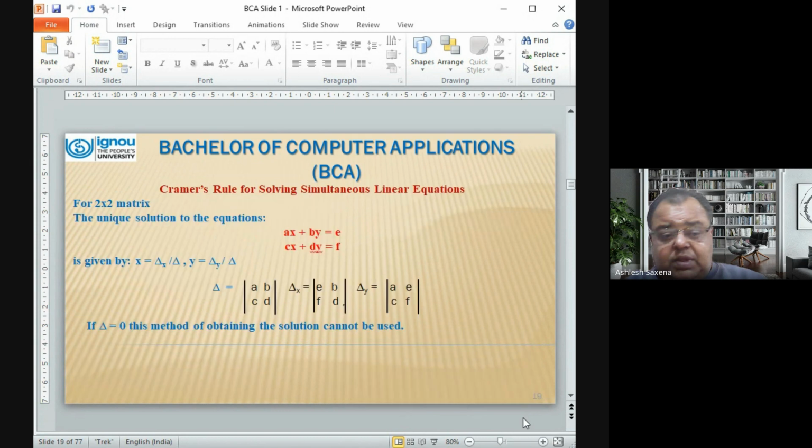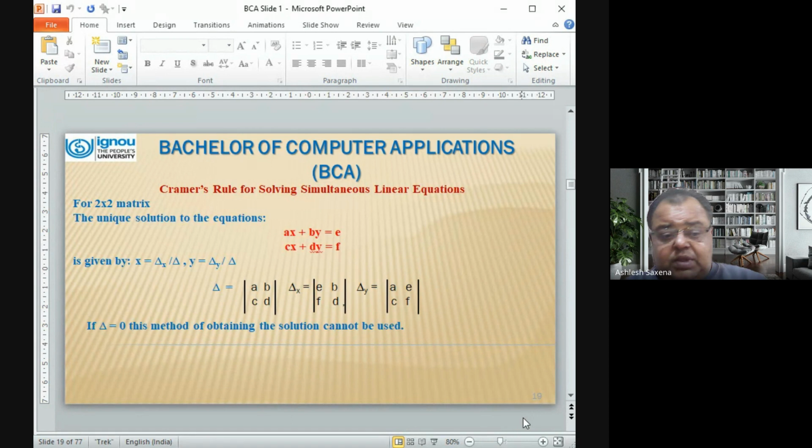Now comes your Cramer rule. Here we will be having two equations, and we have to find the value of x and y. This is a 2 by 2 matrix.